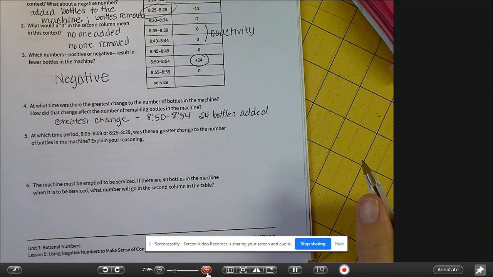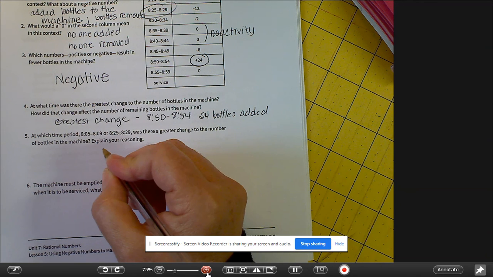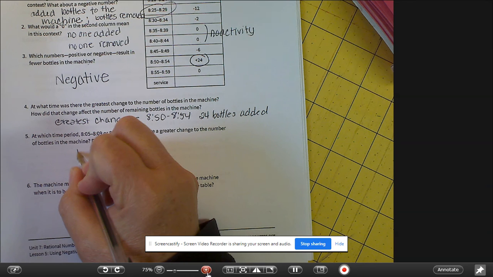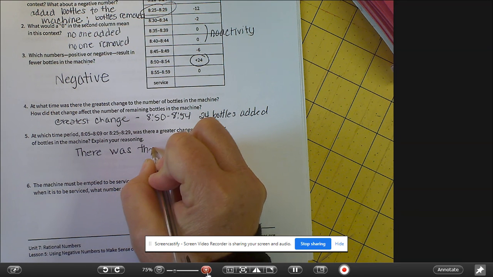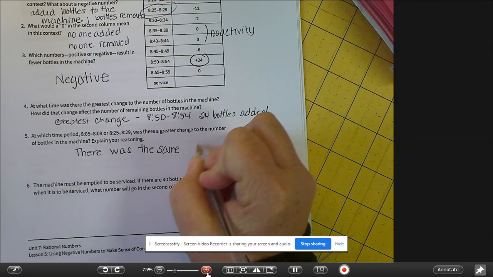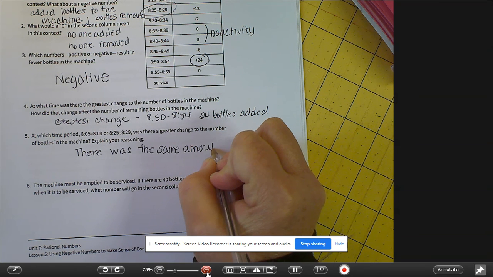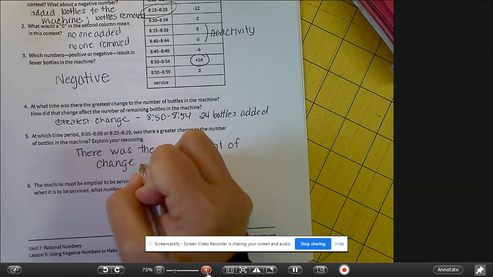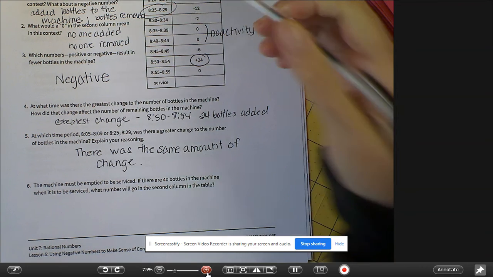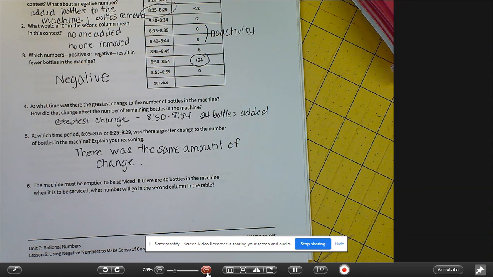So what they're trying to get you to see is, it's the amount of change, not necessarily how many bottles were in there. So we're saying there was the same amount of change. Because in one case 12 were added, and in one case 12 were deleted.